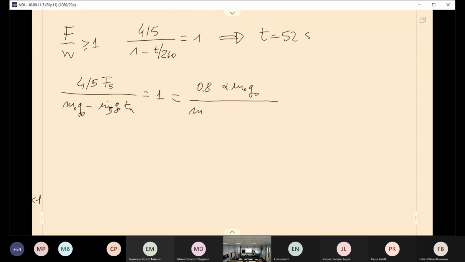Whereas we have here M0 G0 minus dot M5, which is F5 over the exhaust velocity or the resistance part, so it will be alpha M0 G0 over, this is F5 divided by U EQ, and then we have G0 TA.